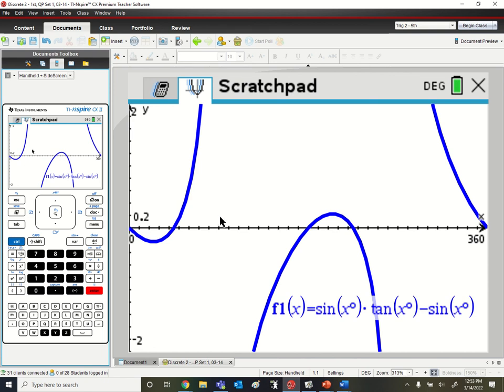So I'm going to show you something. If it looks like 0 is an answer right here, I'm going to change my window a little bit. Why does mine look like this? Because you did something wrong. You didn't have the sine times tangent.